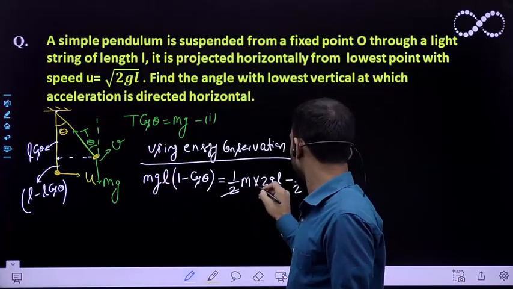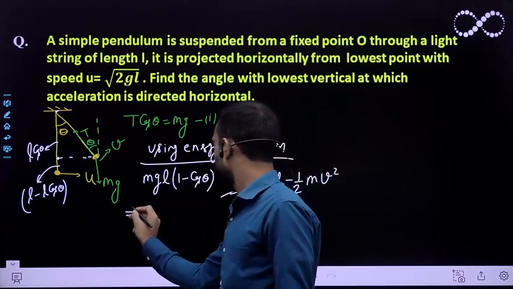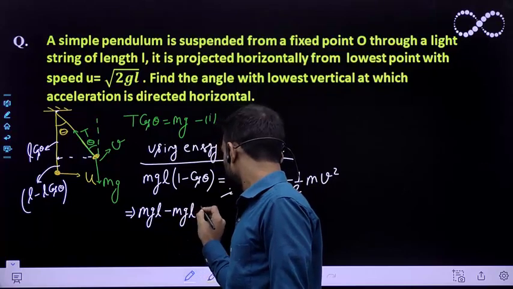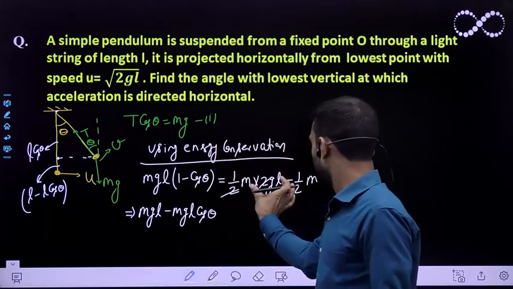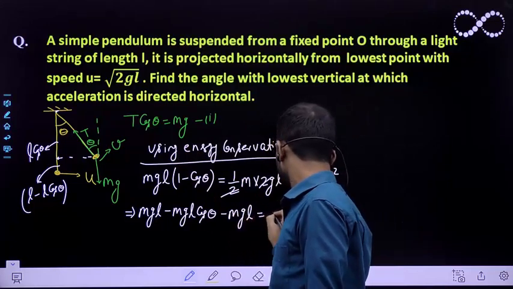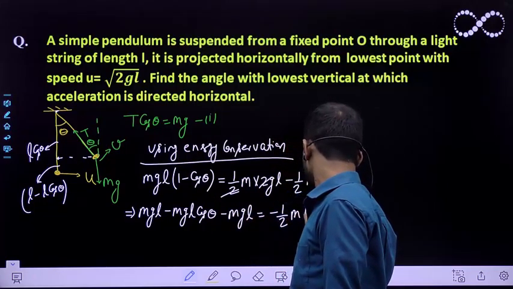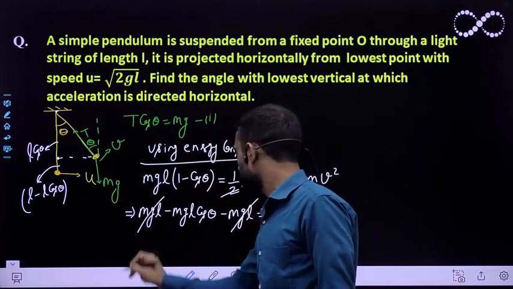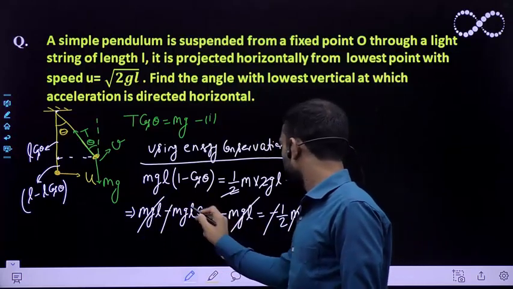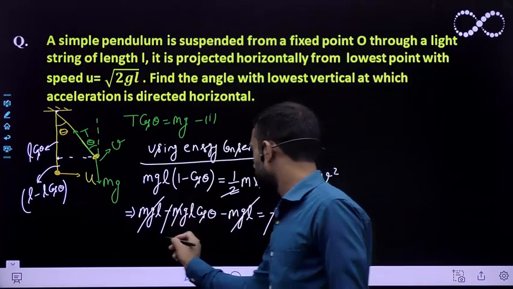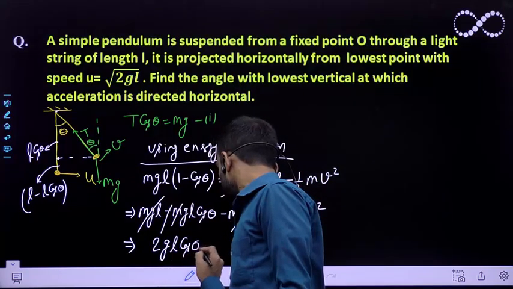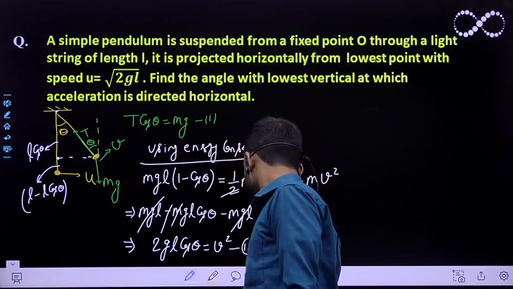From here the 2 will cancel out, and you will get mgL minus mgL cos theta; taking mgL to the left-hand side, it becomes minus mgL, equal to minus 1 by 2 m v square. The signs cancel, m cancels, and taking the 2 to this side, 2gL cos theta is equal to v square. Let us call this equation 2.